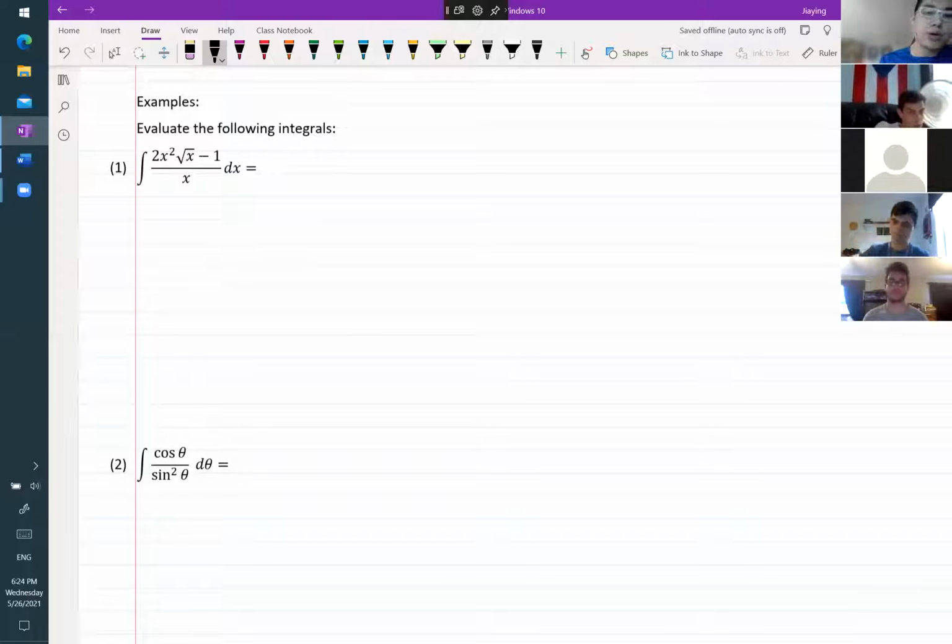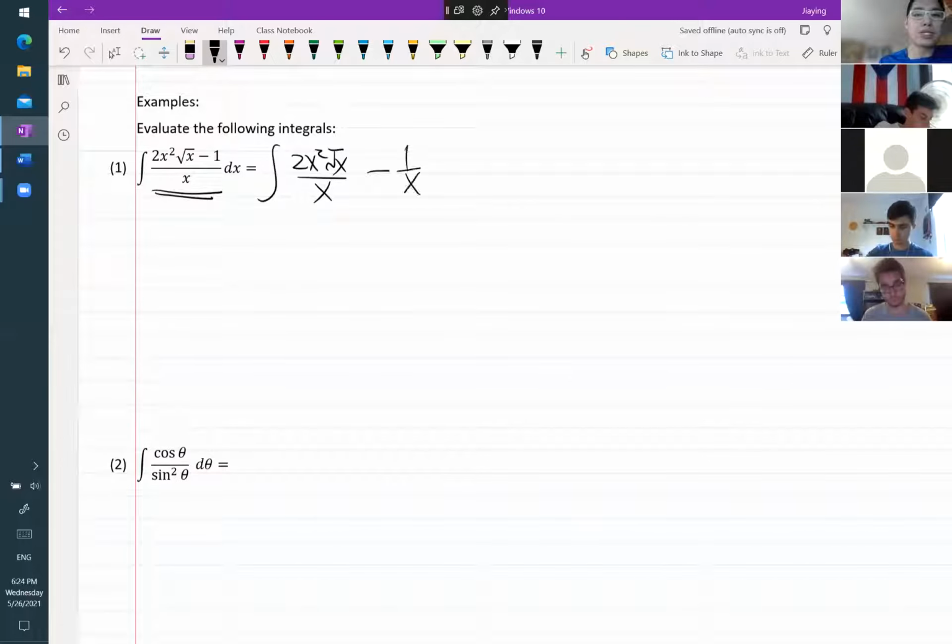So you can rewrite this function as the first part, 2x square root of x over x. You can simplify the x in the numerator and denominator. And then the second part is just 1 over x, which is nice because we know how to integrate 1 over x dx.